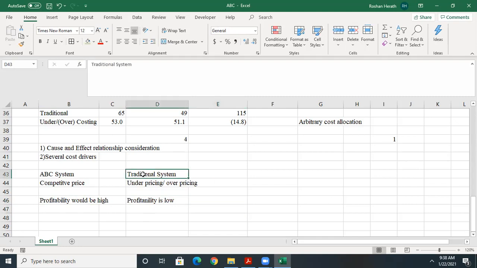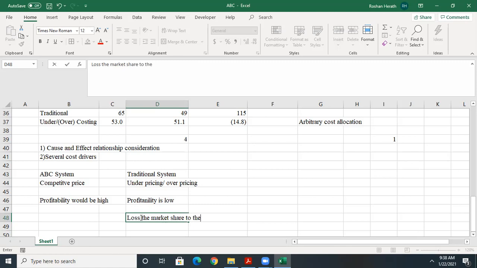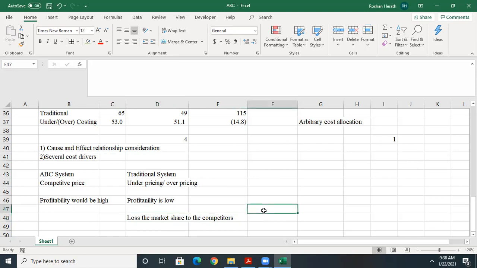If you operate a traditional costing system, eventually you are going to lose your market share to the competitors. So that's the pathetic situation associated with the traditional costing system.